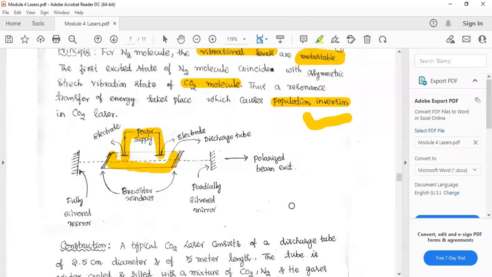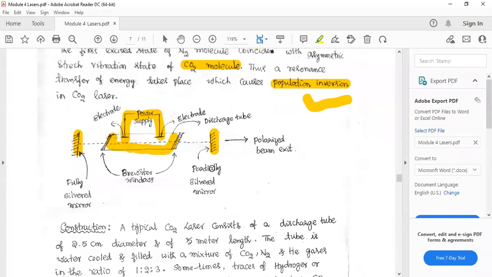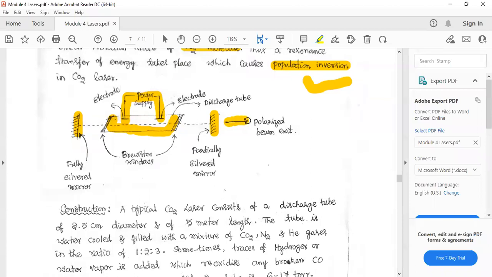I have also said one mirror is fully silvered, which will only reflect light, and the other mirror is partially silvered. Actually, this mirror is 1% transparent. We get a polarized beam as output because we have set this mirror at Brewster angle.